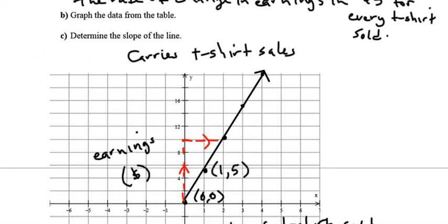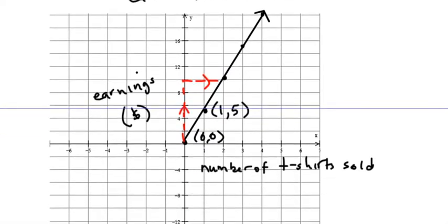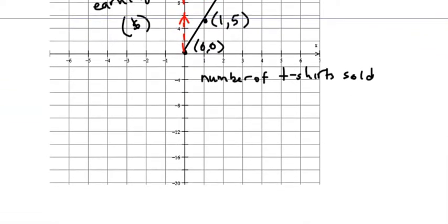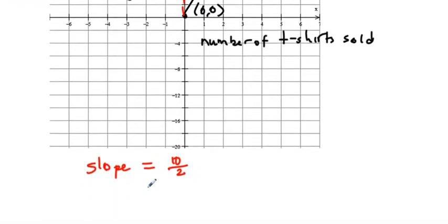So it was 10 up and over 2, both positive. So the slope is 10 over 2, and the slope is then 5, and it's the same as the rate of change.